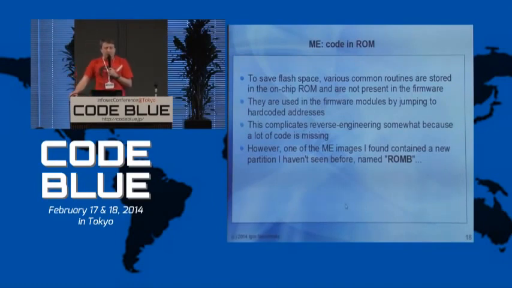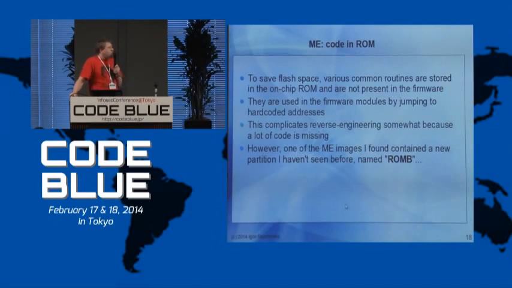So when you analyze the firmware, you don't see those functions. You see just jumps to some addresses which are not present in the code you're analyzing. This makes reverse engineering a bit complicated because you don't see the code. You have to figure out what the missing functions do by analyzing the surrounding code. So this was a little bit difficult in the beginning.